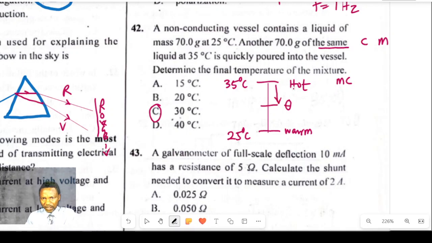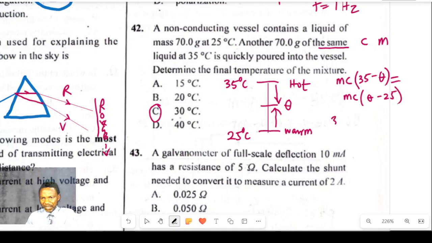Heat given out is mc times 35 minus theta, equal to mc times heat gain, which is theta take away 25. So the m and c go away.